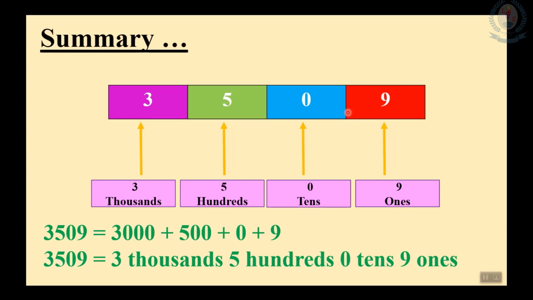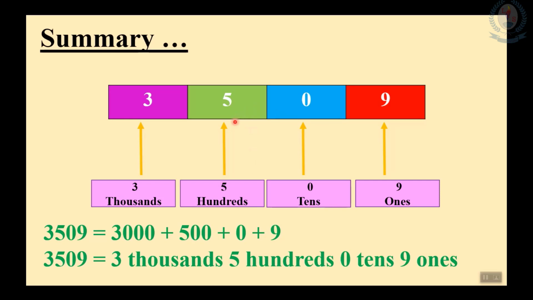Have to remember the places and the values separately. The place of this digit 9 is ones and the value of that digit 9 is 9. The place of the digit 0 is tens and the value of that digit 0 is 0.